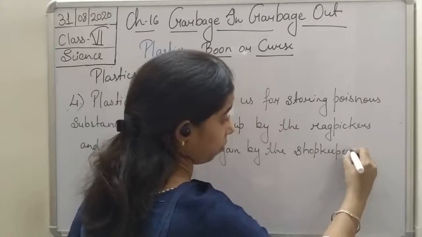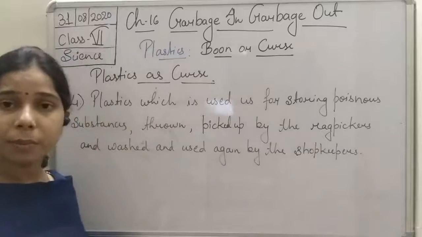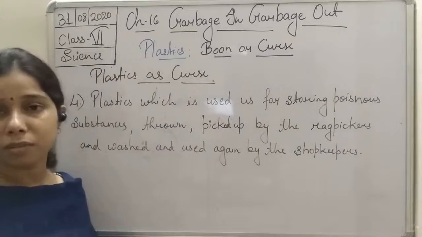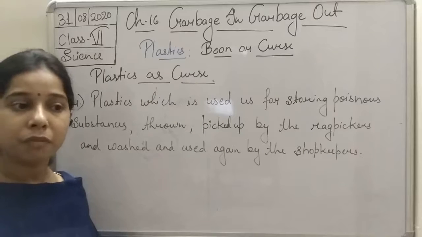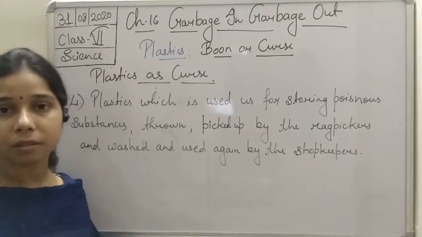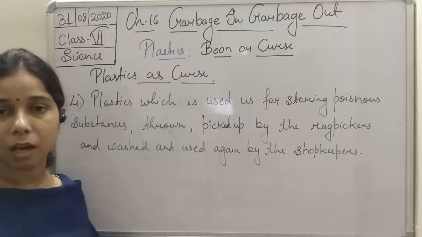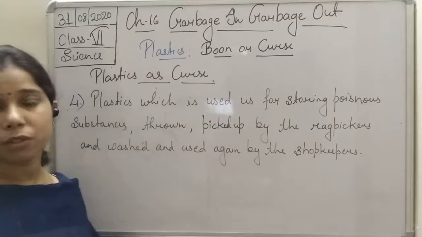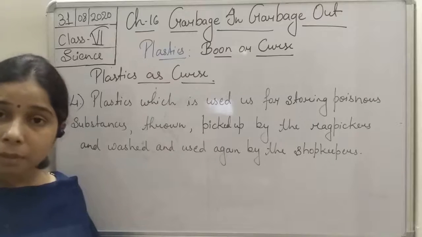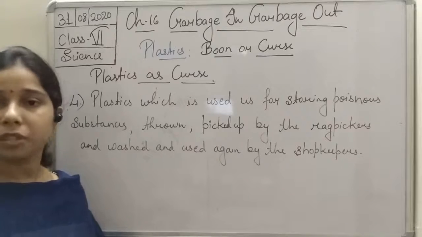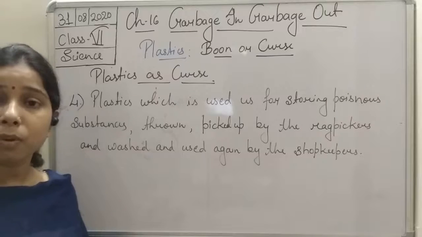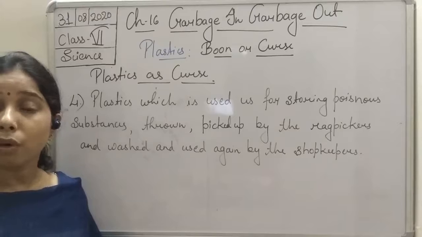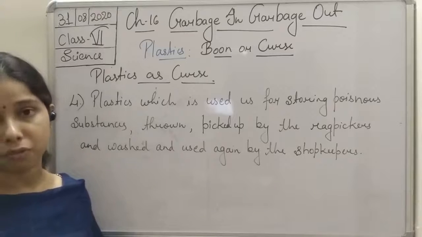Now you see here, students, chances will be there that the plastics in which we had kept some harmful or poisonous substance, when we throw it outside, when we dump it in the dustbin or in the garbage, the rag pickers used to collect it, wash it and give it to the shopkeepers. The shopkeepers use it for different purposes. So if suppose it is used for packing food items, students, what will happen? It will be very dangerous for us.